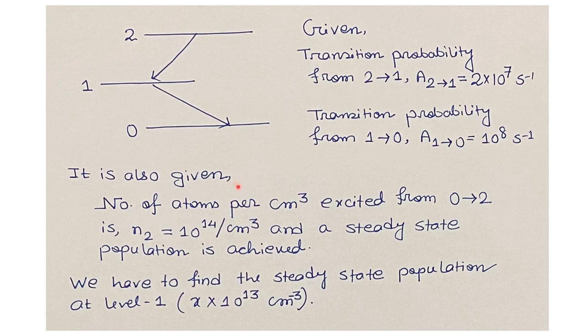It is also given that the number of atoms per centimeter cube excited from the energy level 0 to 2 is N2 equals 10 to the power 14 per centimeter cube, and a steady state population is achieved. We have to find the steady state population at energy level 1, that is given by x into 10 to the power 13 per centimeter cube. So we have to basically find the value of x such that we get the steady state population condition in that system.